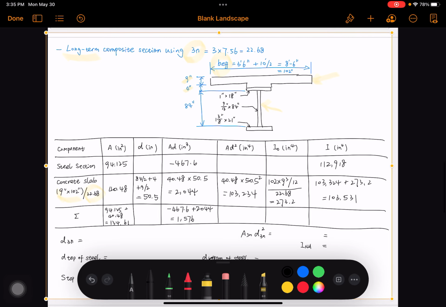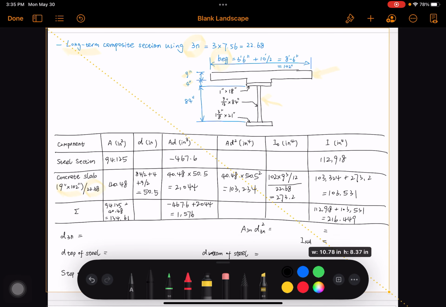The I is 112918 plus 103531, which gives 216449.